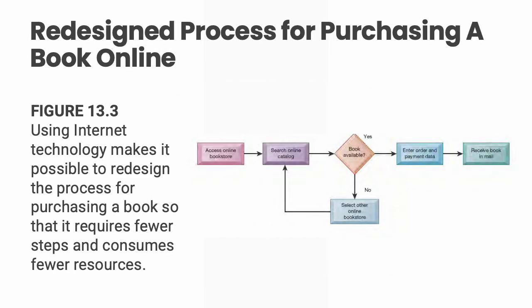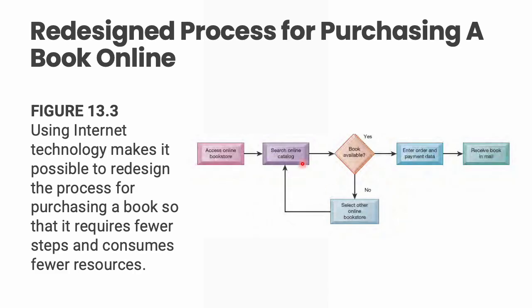Now let's compare this to the old way of buying books. This figure shows the redesigned process. This is the new and improved to-be process for buying a book online, like Amazon or books.com.tw. You remember all the steps we talked about for the physical bookstore? The traveling, the searching, the waiting in line.